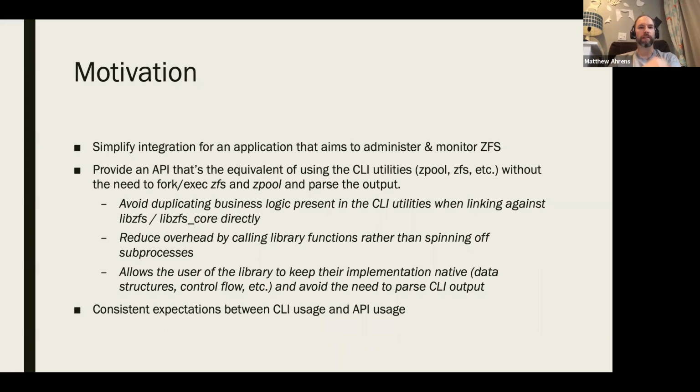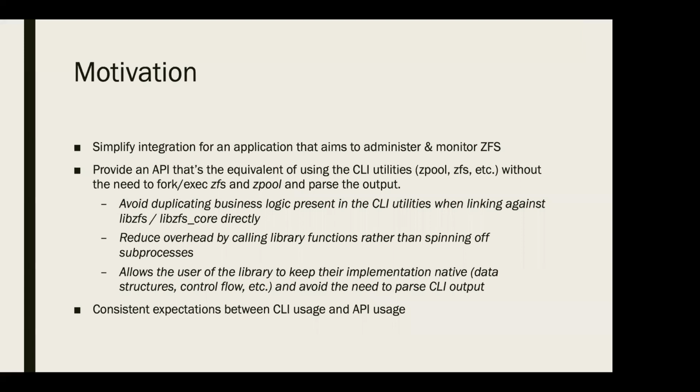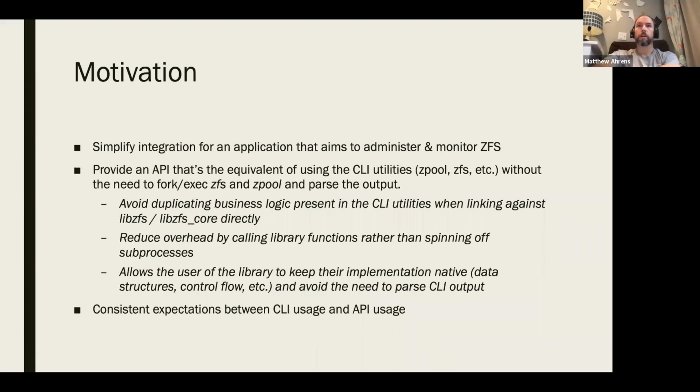I want to have an as simple as possible translation of, at the CLI I type ZFS whatever, and I want my program to do it, but I don't want to have to deal with parsing a bunch of command output or fork executing. Exactly. Okay, gotcha. So that's the idea.